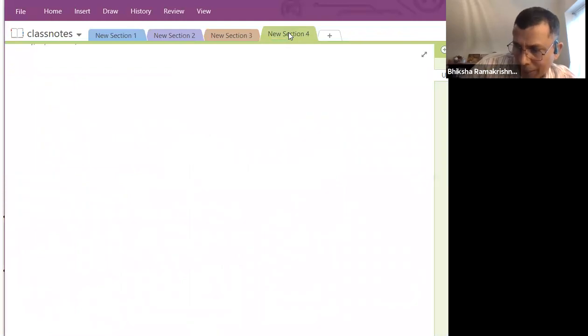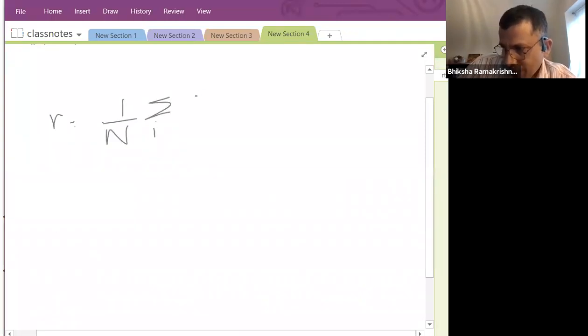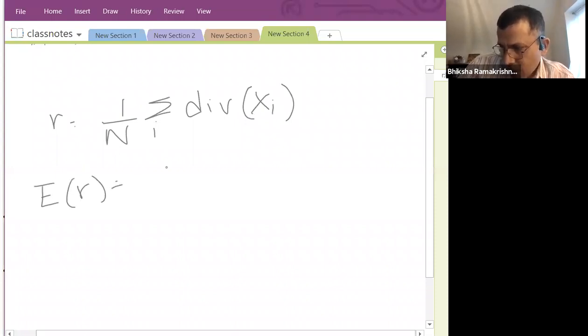Here's what we have. The empirical risk is 1 over n summation over all of my training points of the divergence for xi. If I take the expected value of this empirical risk, this is going to be 1 over n summation over i of the expected value of the divergence of xi.